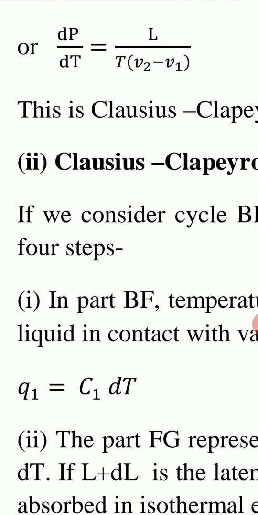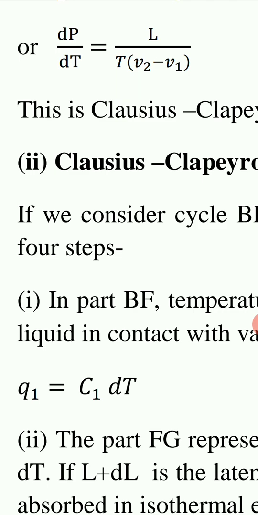When a liquid converts into gas, we know that volume always increases. Volume of the gaseous state is always greater than volume of the liquid state. So in right hand side, V2 will be greater than V1. Volume always increases.